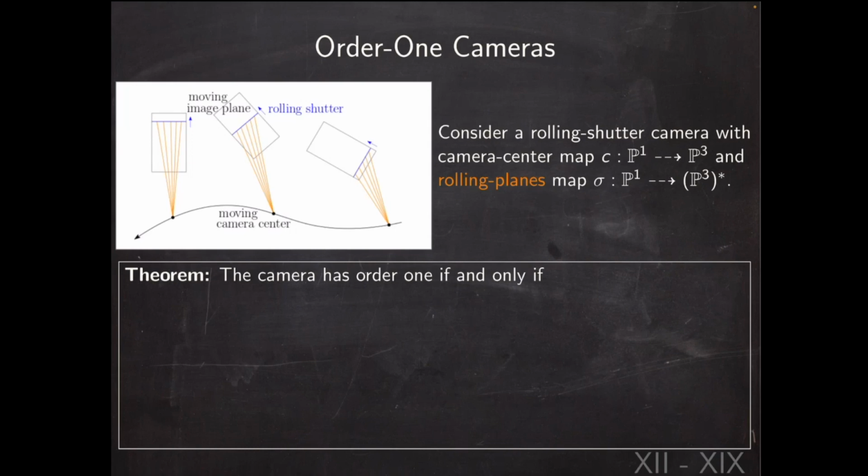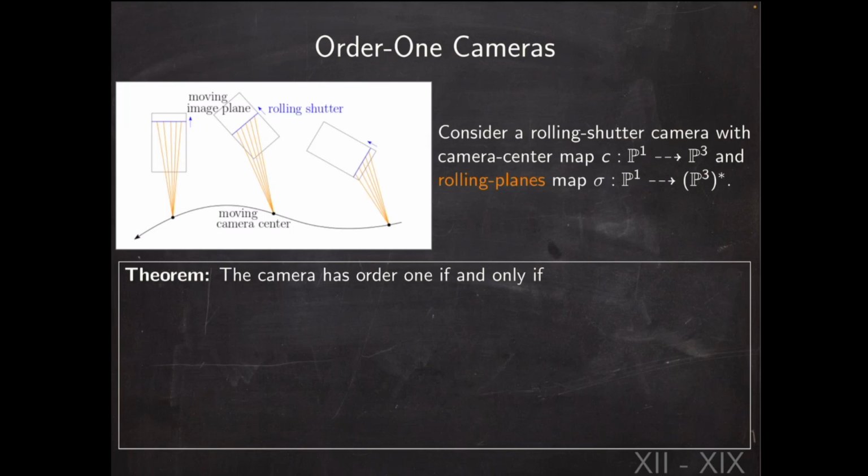Because the goal in 3D reconstruction is that you are given a bunch of pictures, you do not know the cameras that took them, and you want to reconstruct the cameras and the 3D scene. So you need to have the space of cameras to work with. And that's what we're working on at the moment, or for a while already. So I want to tell you, how can you tell when a rolling shutter camera has order 1? And that is connecting to Kummer's beautiful results that I had advertised in my abstract.